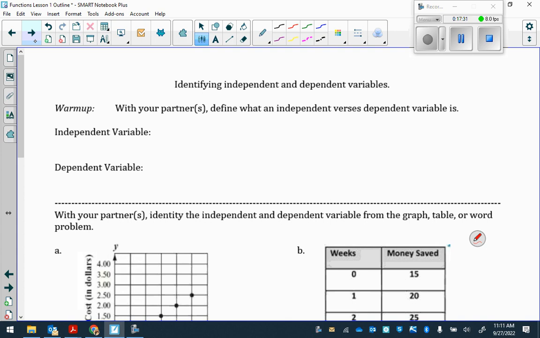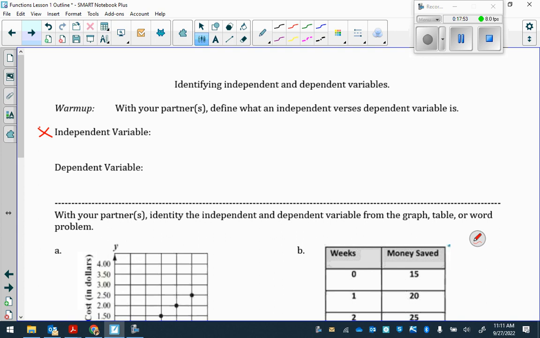Is it independent like the variable that you can change? You're okay. So if you said it correct, it's a variable you could control or change, right? So in terms of our variables, what would that be represented as? X. Good.